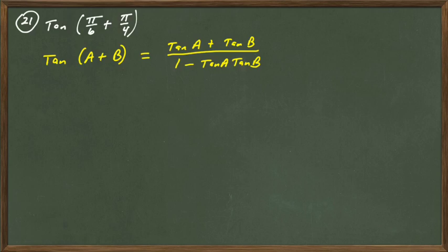Looks right to me. So I'm going to have tangent plus tangent over 1 minus tangent times tangent.